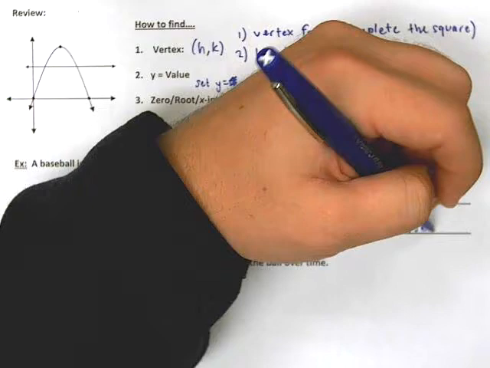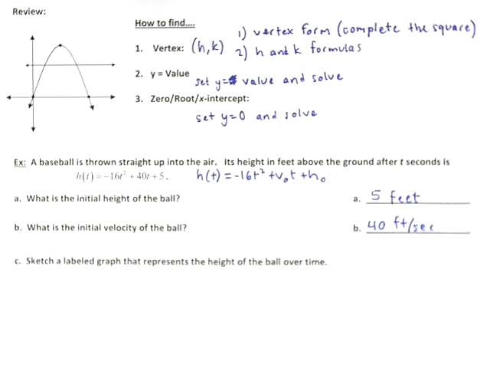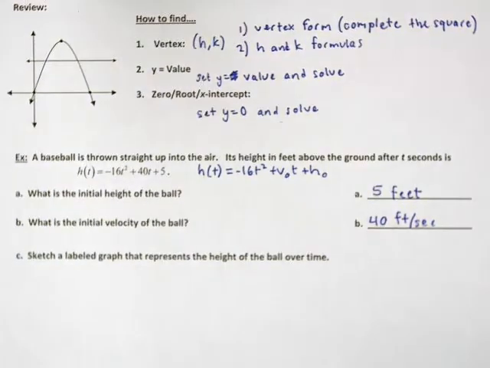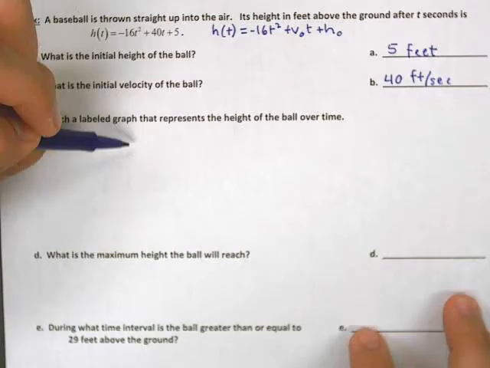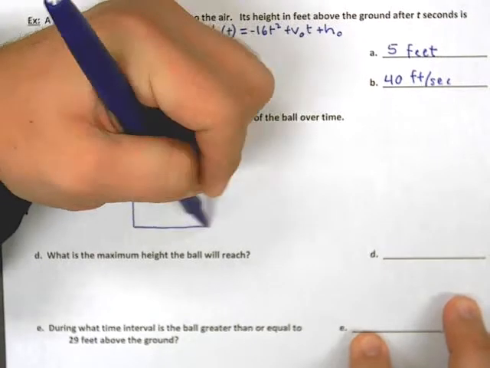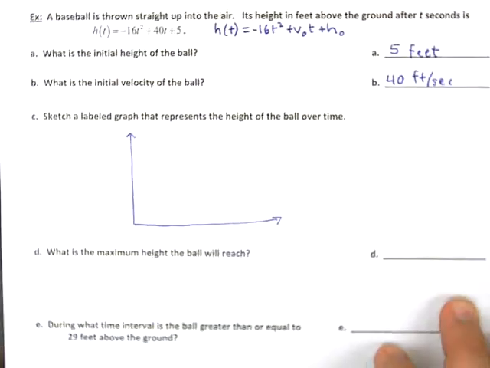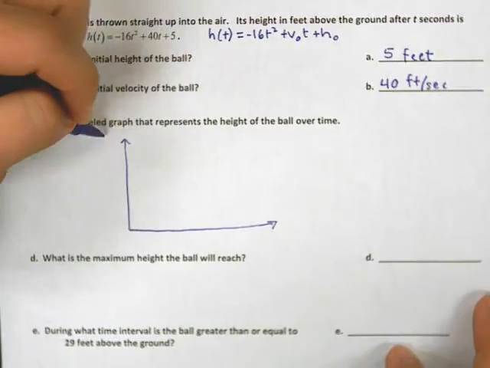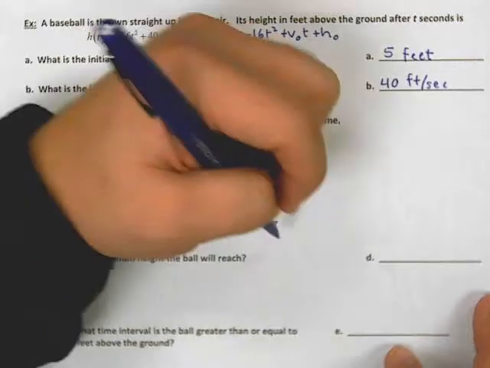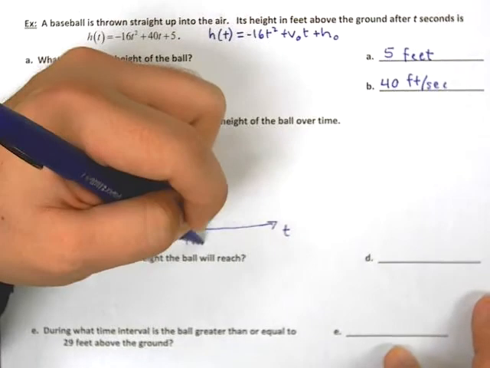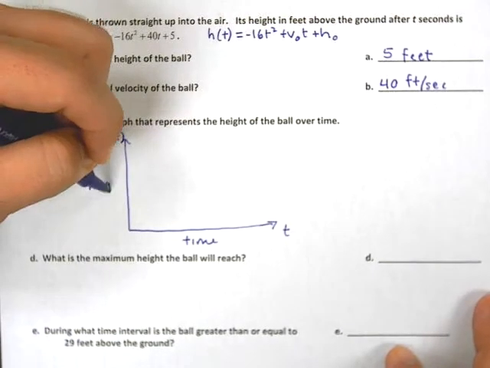Now when we sketch a picture of this, only one thing is going to change between our picture on the other page and this current picture. The axes don't change. This is still time. This is still height.